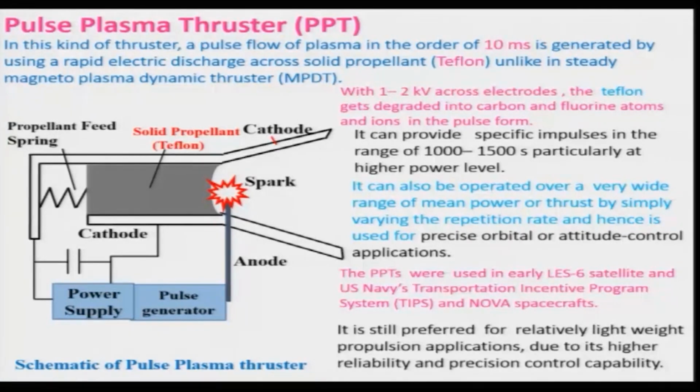And it is still preferred for relatively lightweight propulsion applications due to its higher reliability and precise control capability. So, that is why this is really being preferred and can be used for several applications as I have mentioned just now.